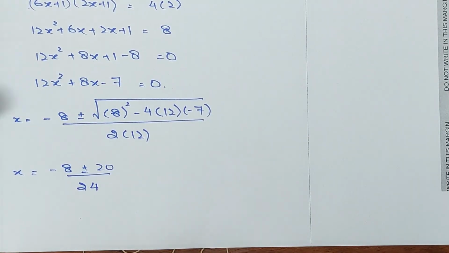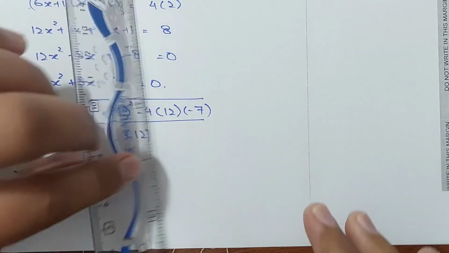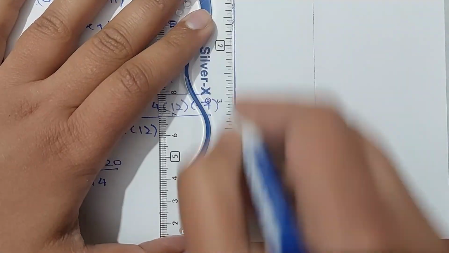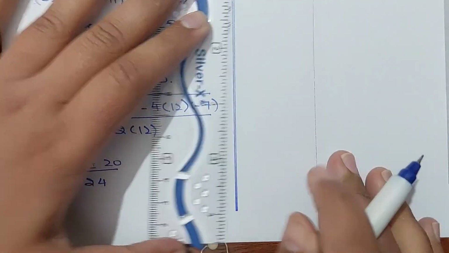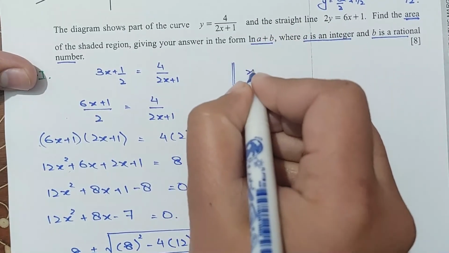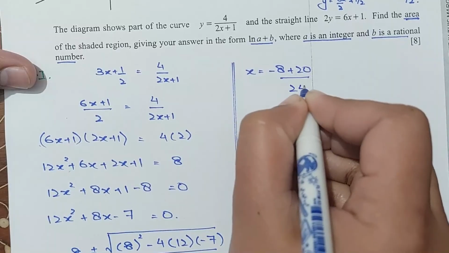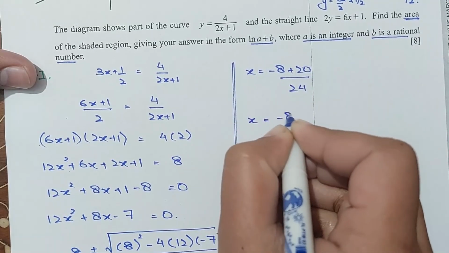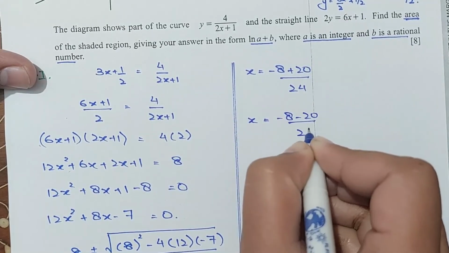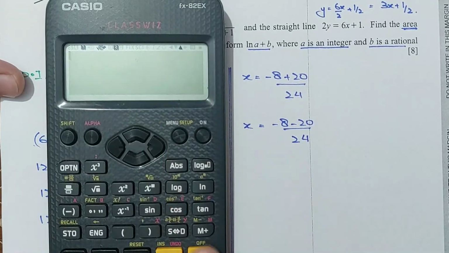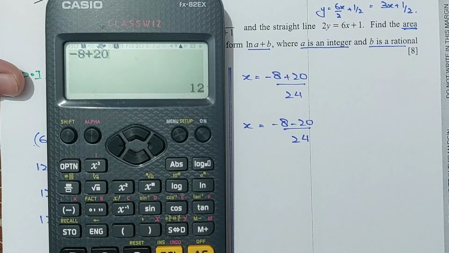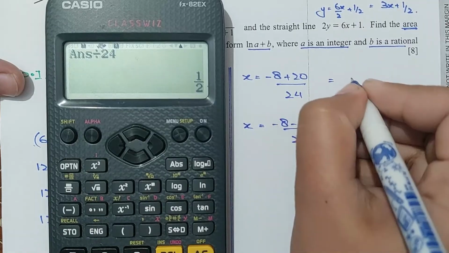Okay, let me write down the two solutions over here. We have x equals minus 8 plus 20 over 24, or x equals minus 8 minus 20 over 24. Minus 8 plus 20 divided by 24 is 1 by 2.